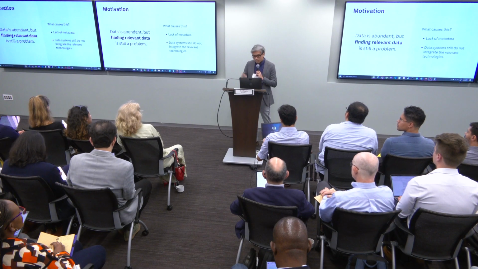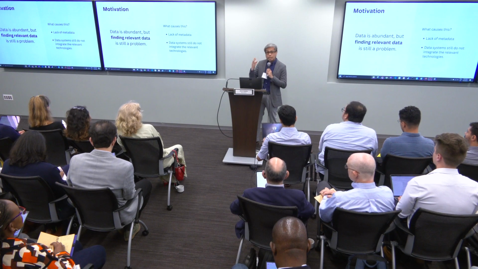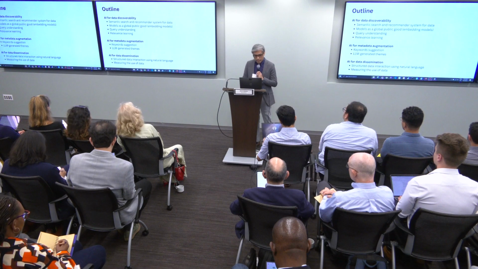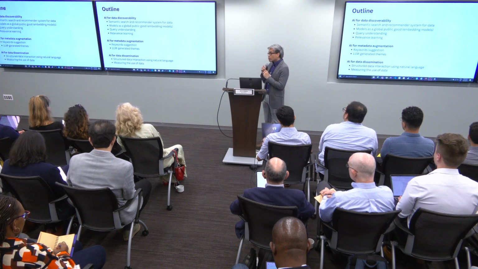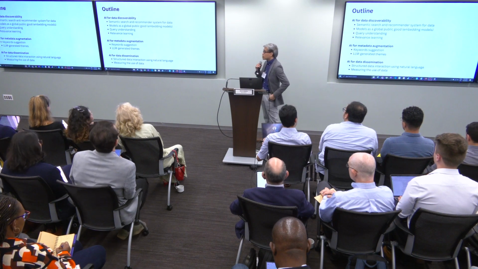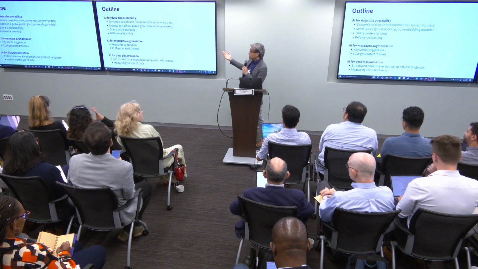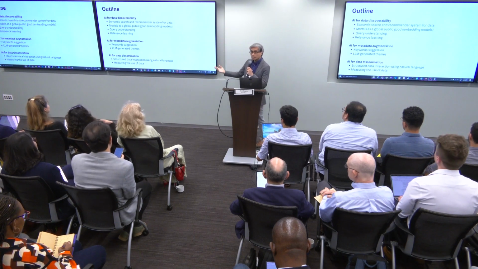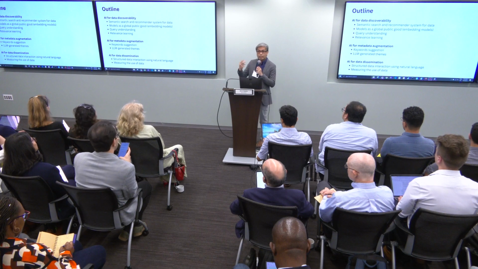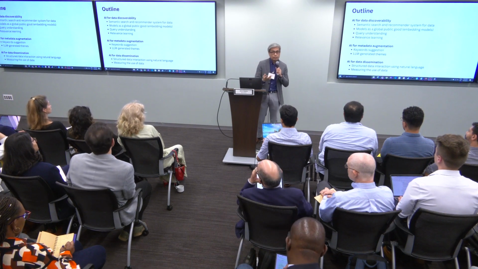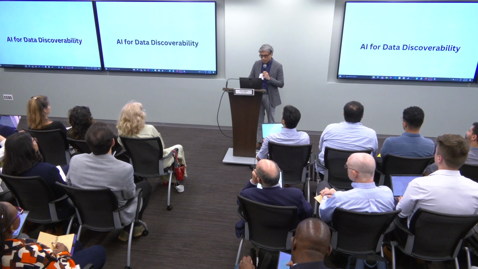And so we want to rethink the potential solutions to these problems. And this is a brief overview of the topics that I will be talking about. So we will be discussing our work on data discoverability, how we view AI for metadata augmentation, and how it can be useful for data dissemination.